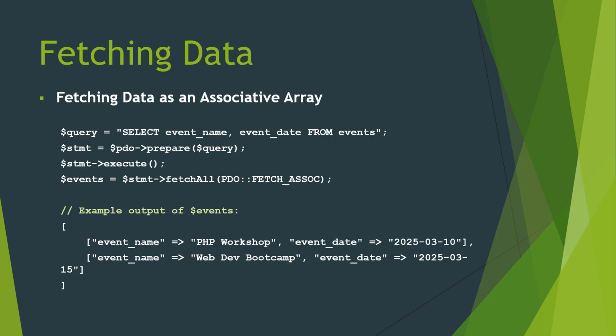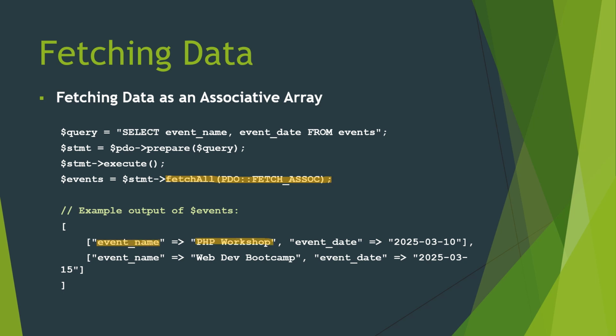So how does this apply to database queries? Well, when we fetch database results using fetchAll, it's going to return an array of associative arrays, where each of the column names is going to be a key. Here is the column name and then the result.